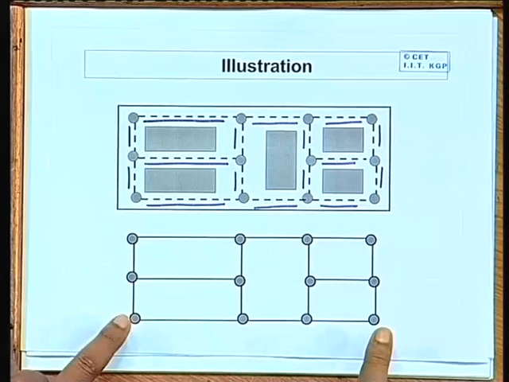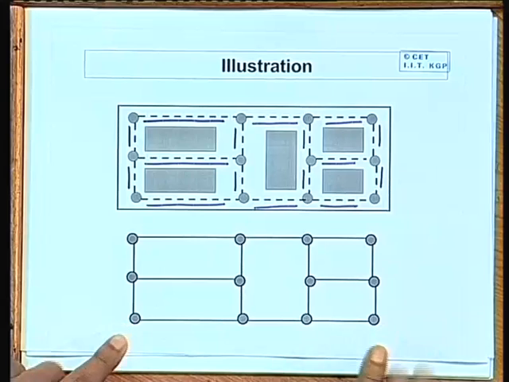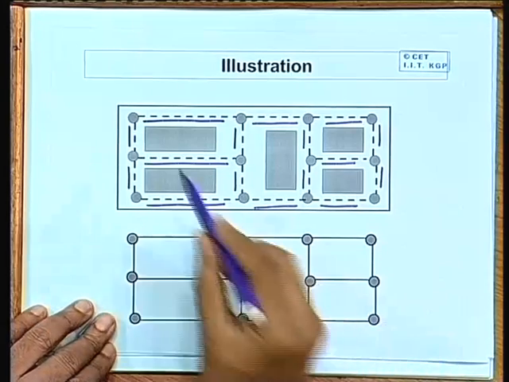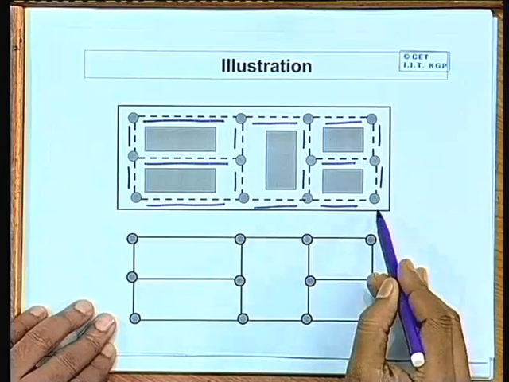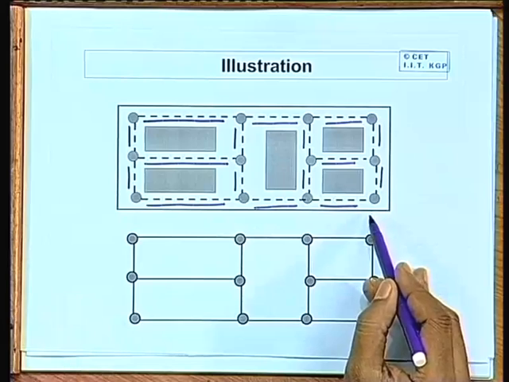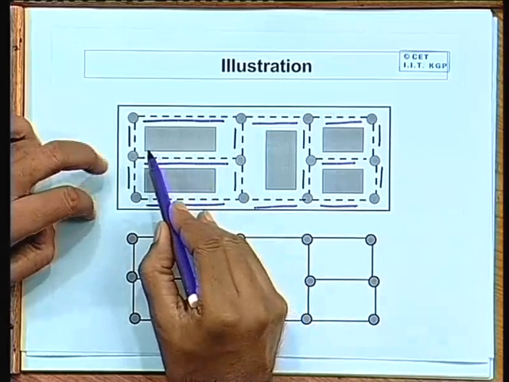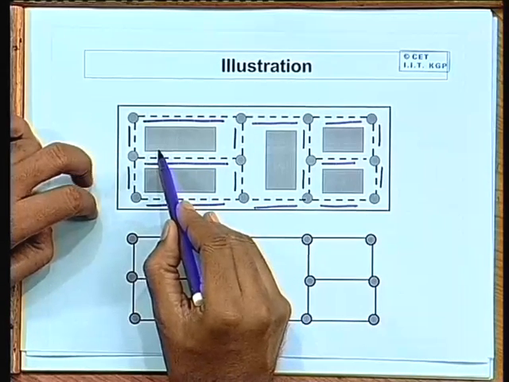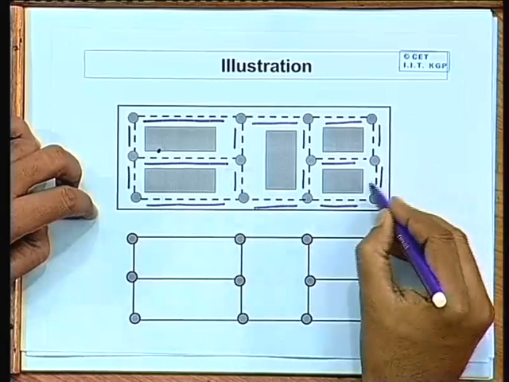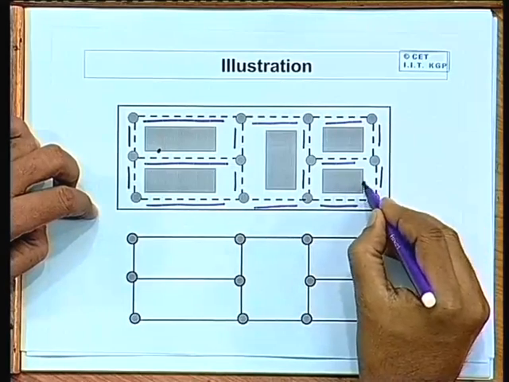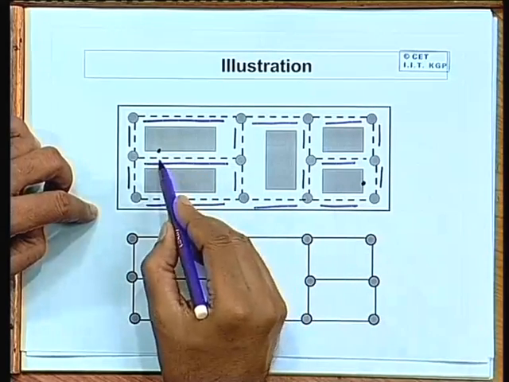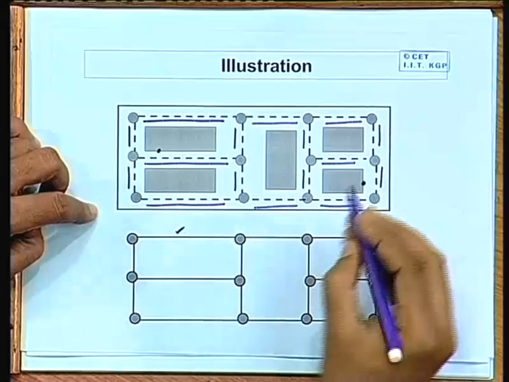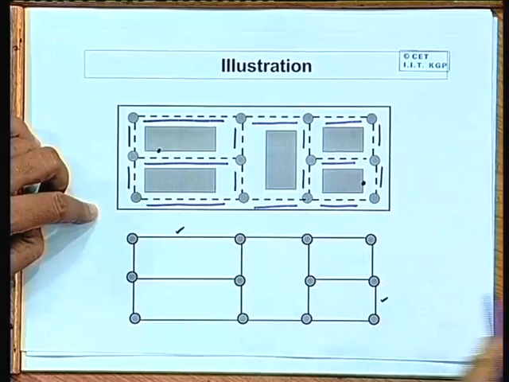So, in this data structure, this graph, we can capture information about the channels and their connections. Suppose we want to find a path from somewhere here to somewhere here, then we are talking about a channel here to a channel here.